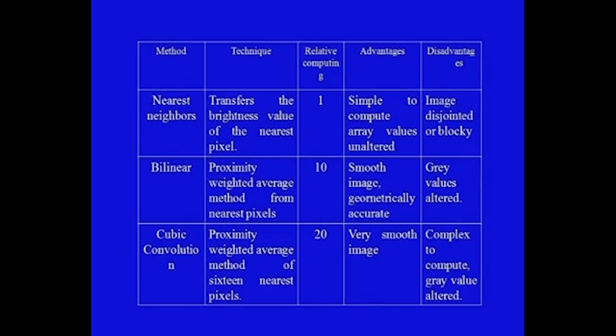Cubic convolution, again a proximity weighted average method of 16 nearest pixels, has a relative complexity in terms of computing with respect to nearest neighborhood of 20. It produces a very smooth image. However, it is complex to compute and the gray values get altered.